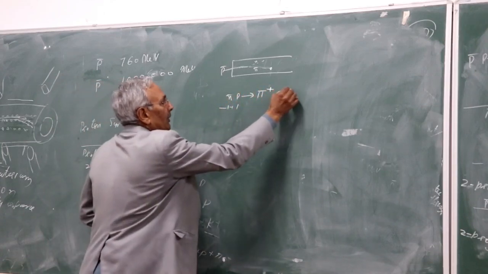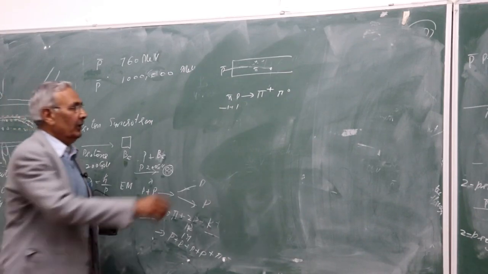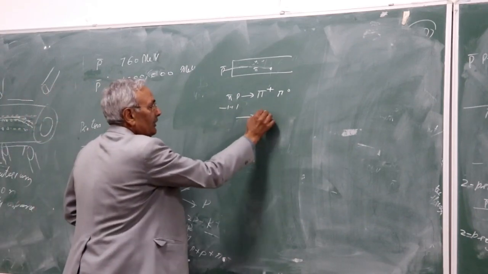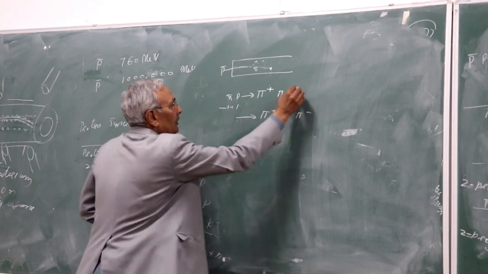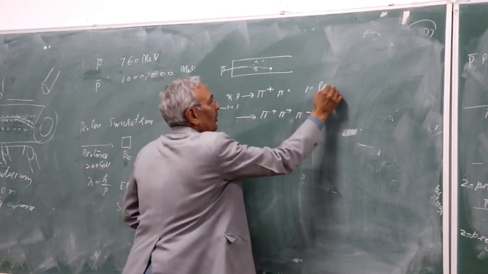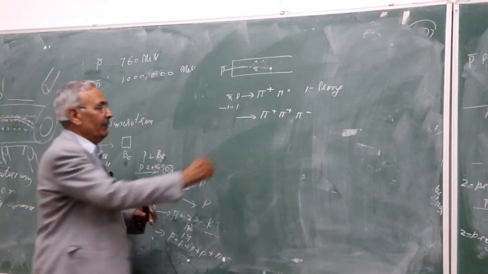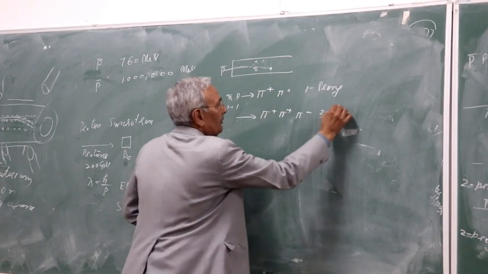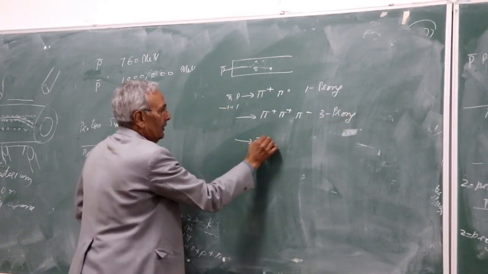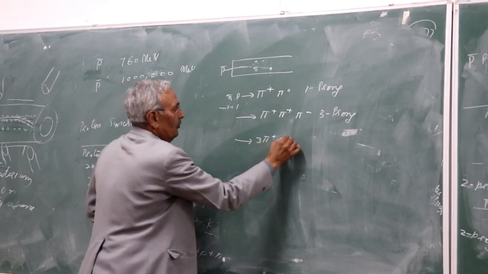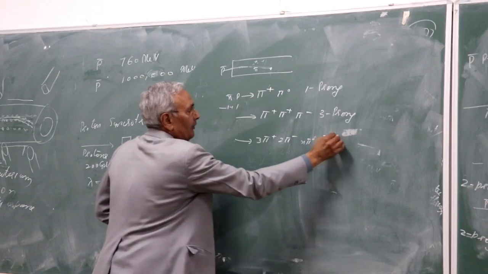So you'll have pi 0. This one would look like a one prong. You can have pi 0, etc. This would be your 3 prong. You can have 3 pi plus, 2 pi minus, and n number of pi 0. That is your 5 prong.